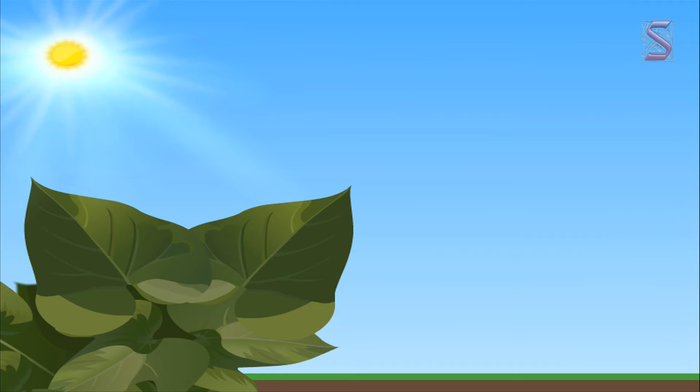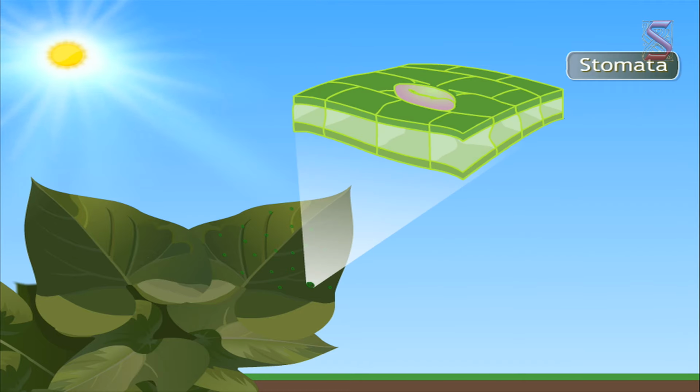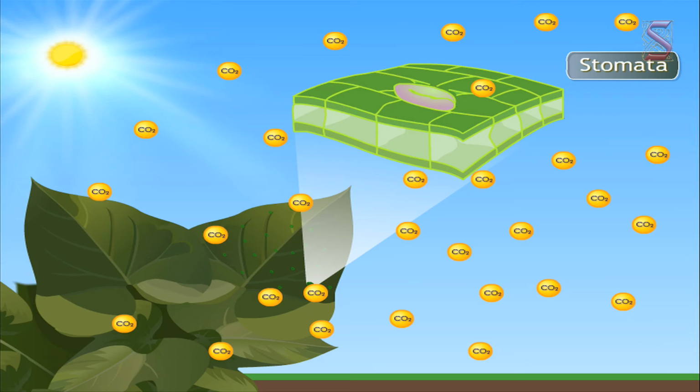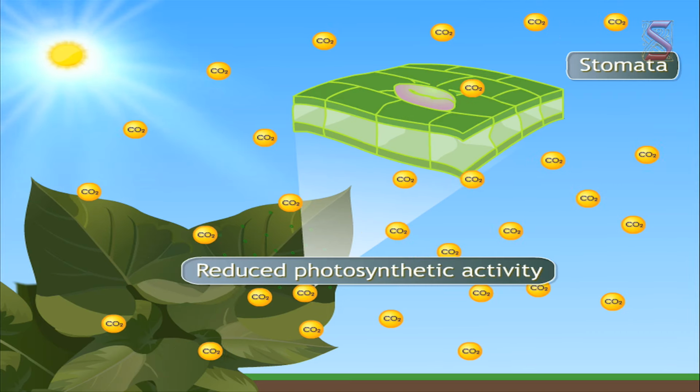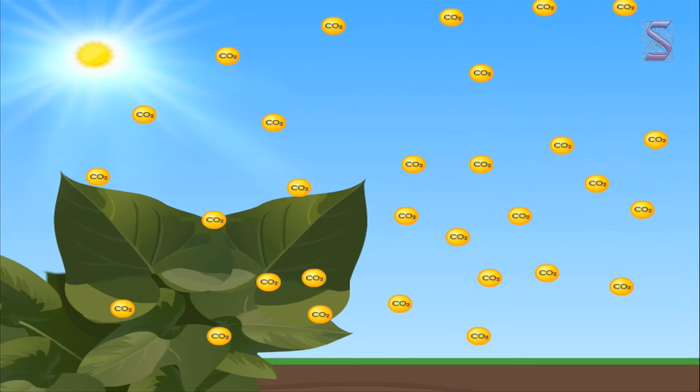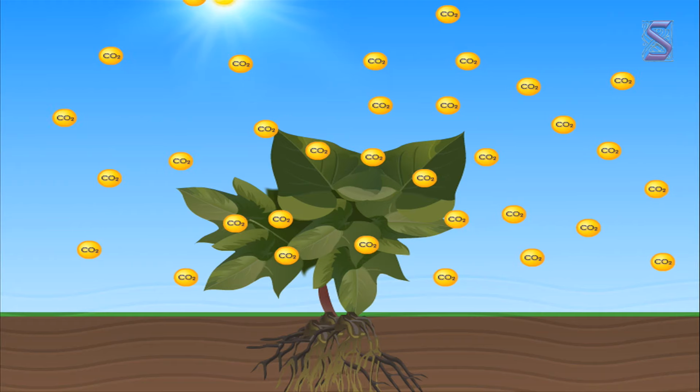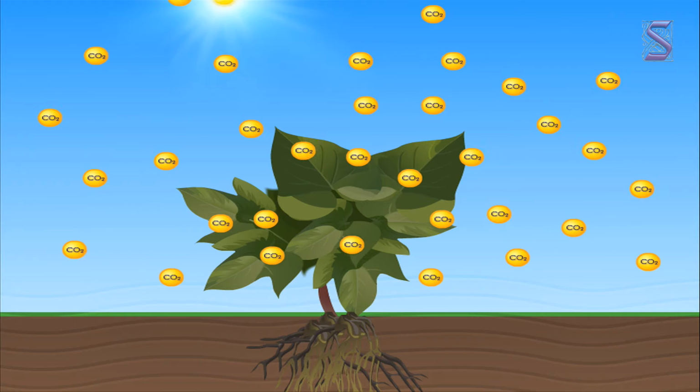When weather conditions are hot and the stomata close, it results in accumulation of excess carbon dioxide in the atmosphere. There will be reduced photosynthetic activity. This reduced level of carbon dioxide in the plant leads to slowing down of growth.